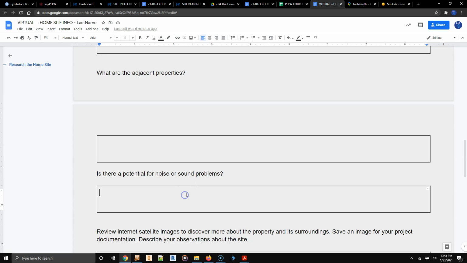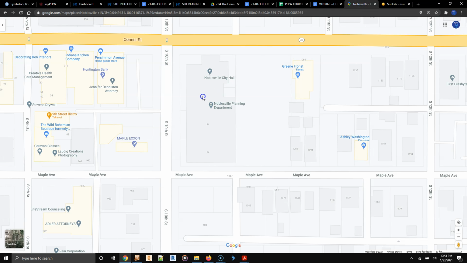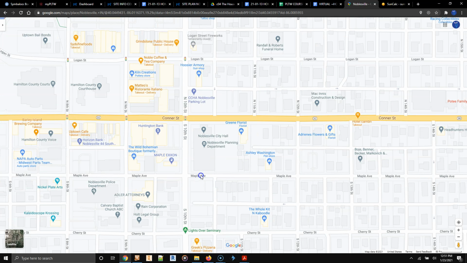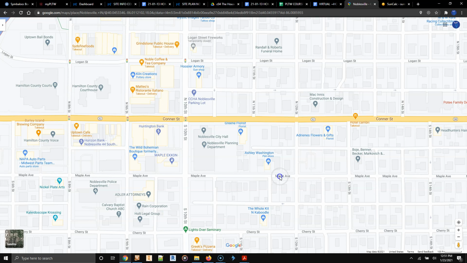Then you're going to think about, is there a potential for noise or sound problems? So if you go look at this map, we are not far from Highway 38 here, so that's probably going to be pretty busy, but we're a couple of blocks away, okay? So that's probably not too big of a deal. Maple Street looks like a residential street, mostly.